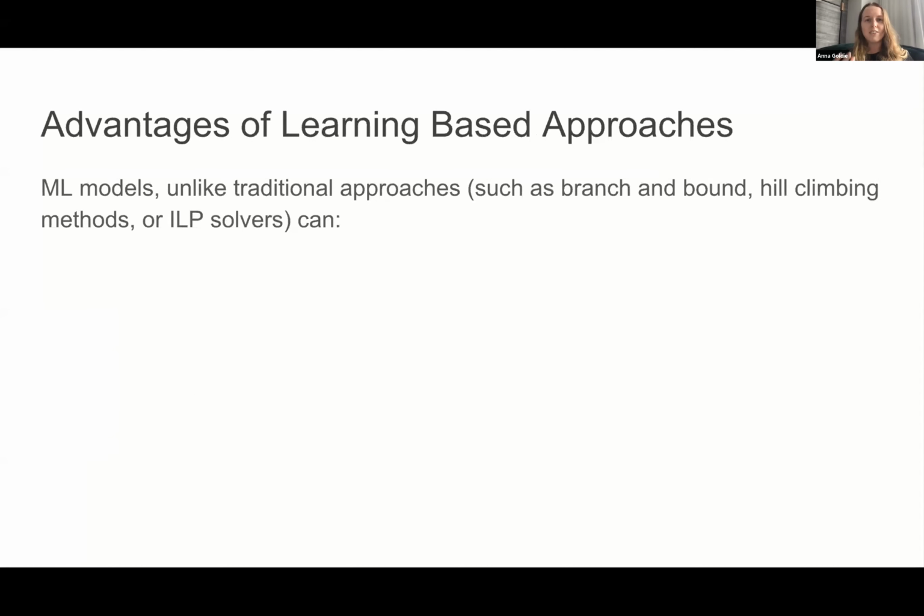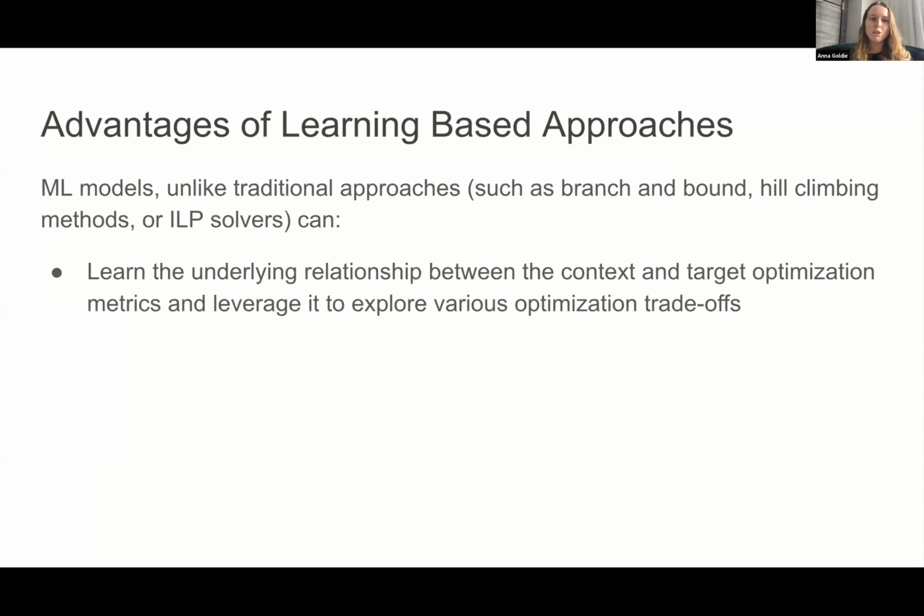And we saw certain advantages to taking a learning-based approach. Unlike traditional approaches like branch and bound or hill climbing or ILP solvers, ML models can actually learn the underlying relationship between the context and the target optimization metrics, and leverage that to explore various trade-offs in the optimization space. So it's a more white box method.